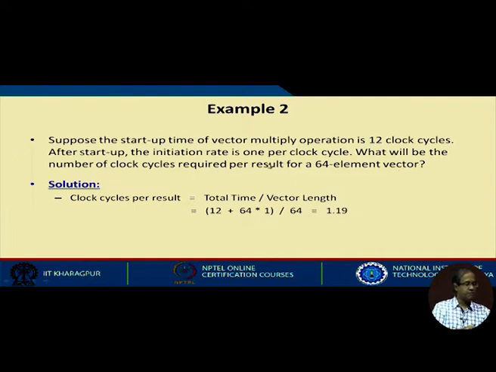For all the 64 elements we can use the previous formula to compute the total time, startup time plus n multiplied by initiation rate. Now, I want time per element per result. We are computing 64 results, so divide by 64. So, it is 1.19. In 1.19 cycles we are getting one result for the vector operation.